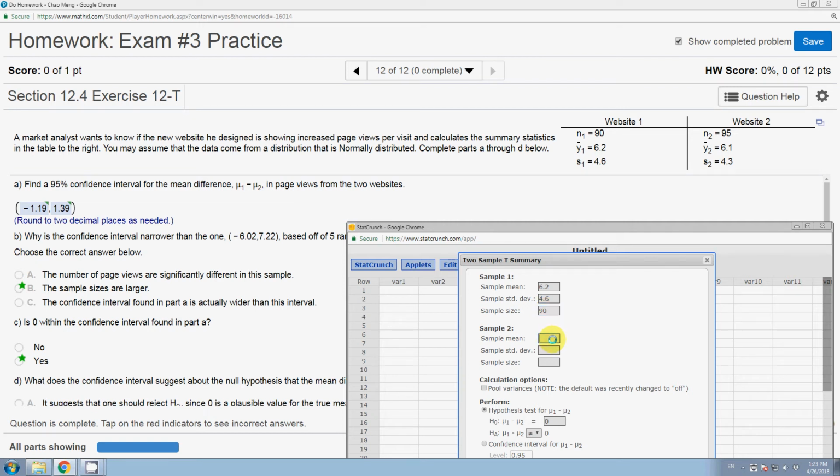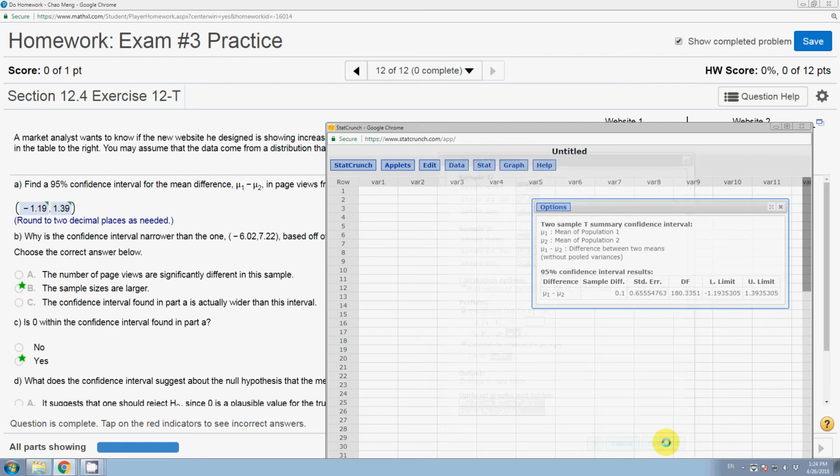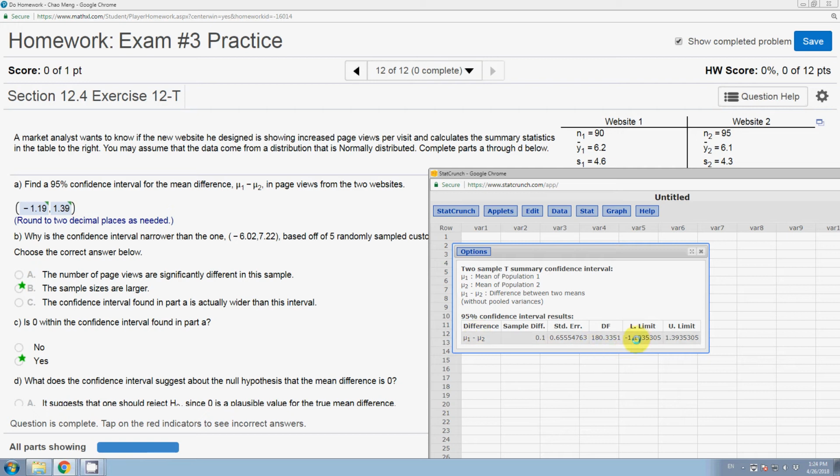For the second group, the sample mean is 6.1, standard deviation is 4.3, and sample size is 95. Now we are doing a confidence interval for the mean difference. Let's select the confidence interval option. The confidence level is 95%, and the default value is 0.95, so we don't have to change it. Let's click compute. Then we got the lower limit and upper limit. We put those numbers in there.